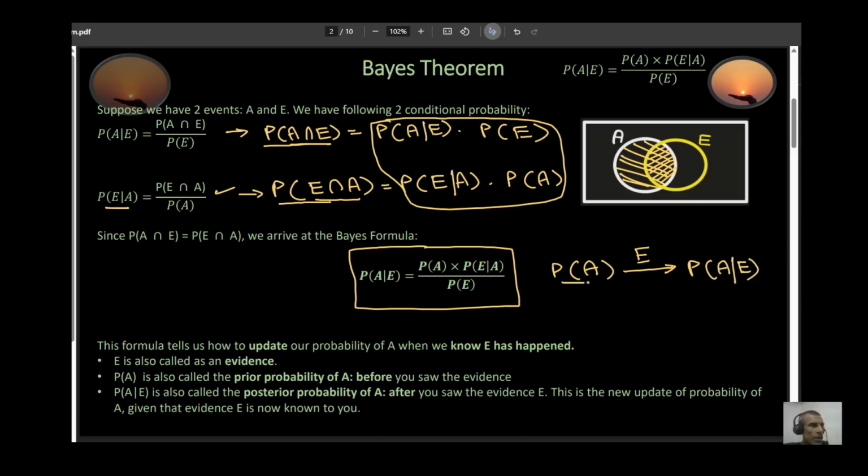This one is called prior probability because this probability is before you have seen the evidence. This is called posterior probability because this is the probability of A after you have seen the evidence E. This one is the new updated probability of A. So this is the updated.